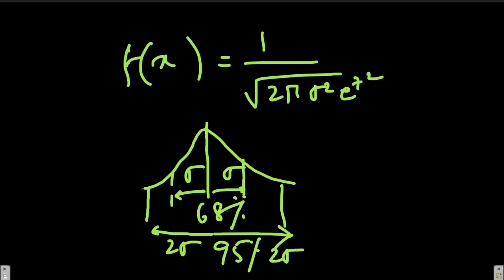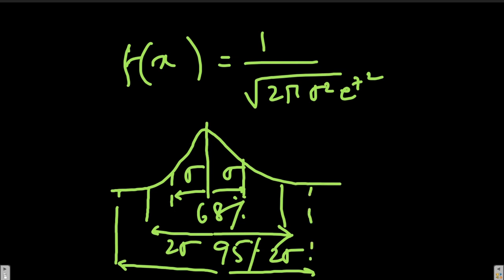And if I take three standard deviations, 3 sigma on the left and on the right, it is going to be 99.7%.